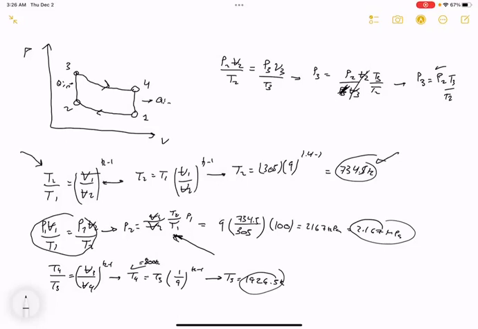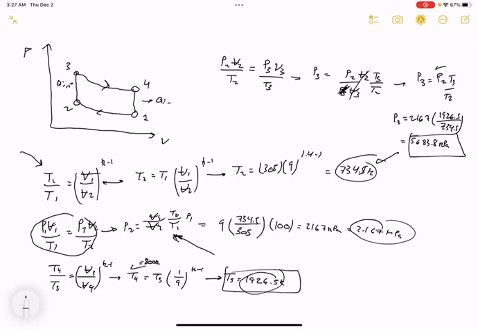If we substitute in the values, we get P3 equals 2167 times T3 over T2, so 1926.5 over 734.5. And that comes out to 5683.8 kilopascals. So we just found the pressure here.